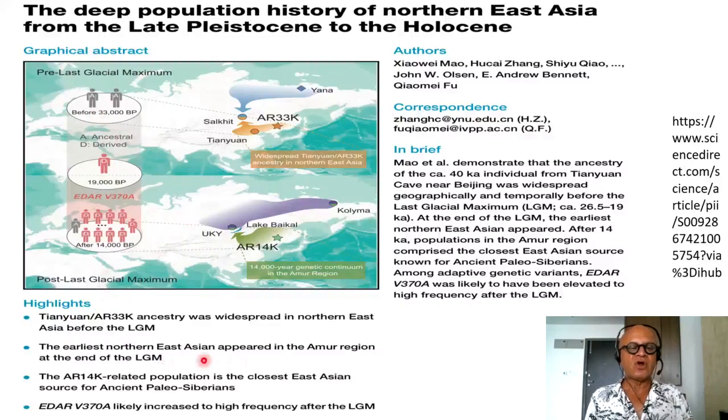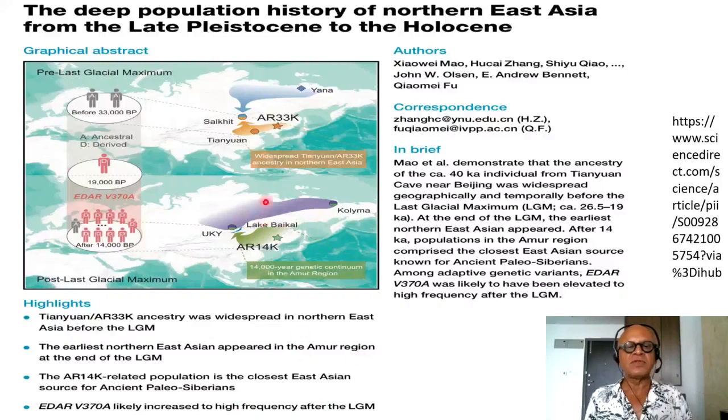The earliest northern East Asian appeared in the Amur region at the end of the LGM, so by 19,000 years here. The AR14K related population is the closest East Asian source for ancient Paleo-Siberians, so you can infer that as Denisovans, I suppose, but please check. And this site likely increased to high frequency after the last glacial maximum.